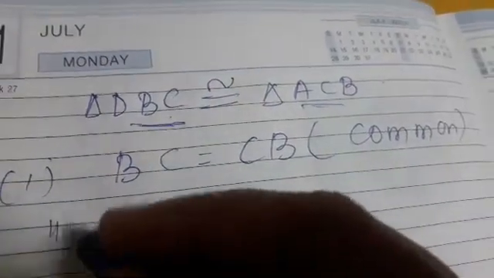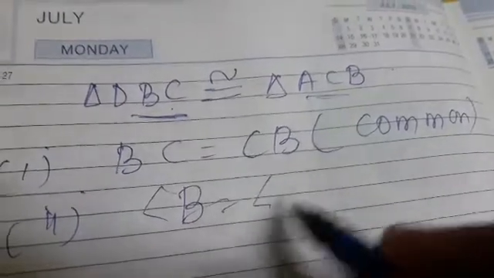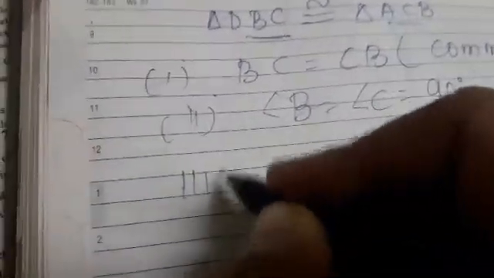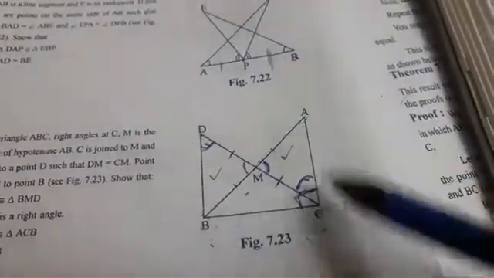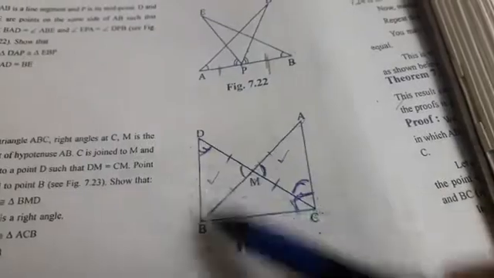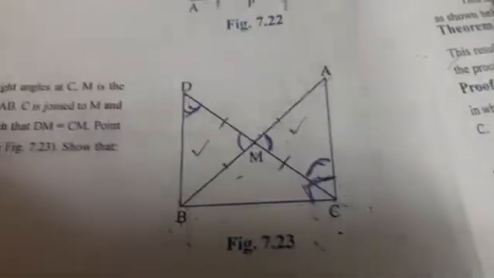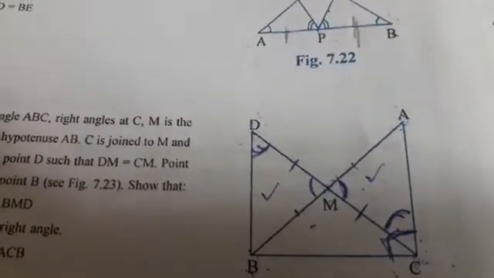Then number 2. Angle B is equal to angle C, 90 degrees. Yes. And the third part we had already proved, that AC is equal to BD, or DB is equal to AC. So the third condition will be DB is equal to AC. And what is the reason? Proved above.